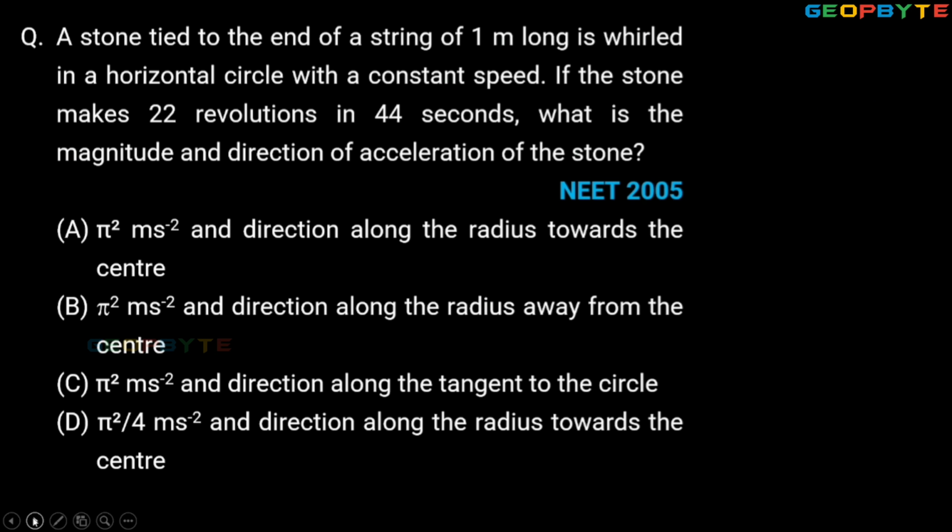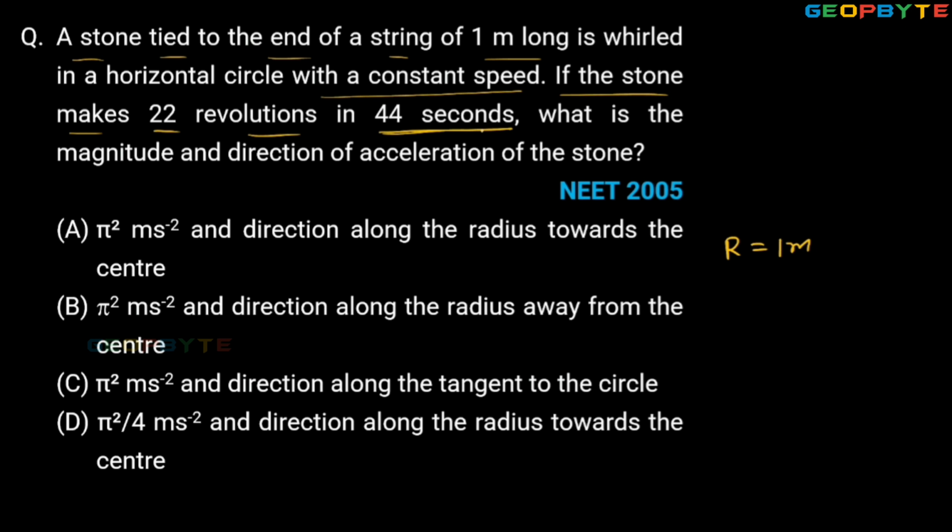Look at the problem. It is asking like this. A stone tied to the end of a string of 1 meter length is whirled in a horizontal circle with a constant speed. That means the radius of rotation is 1 meter, because string length equals radius of rotation. The stone makes 22 revolutions in 44 seconds.